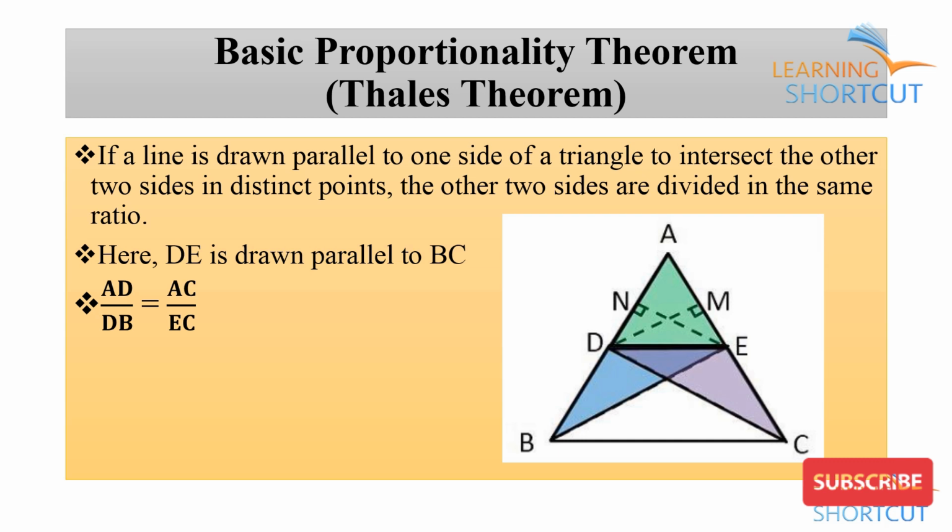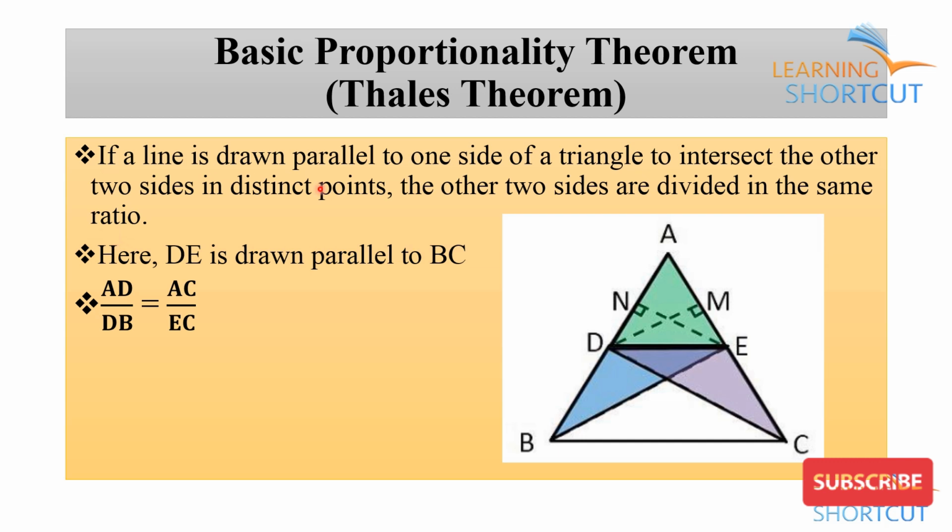This basic proportionality theorem can also be called Thales' theorem. If a line is drawn parallel to one side of a triangle to intersect the other two sides in distinct points, that is, they are cutting at different distinct points, the other two sides are divided in the same ratio.